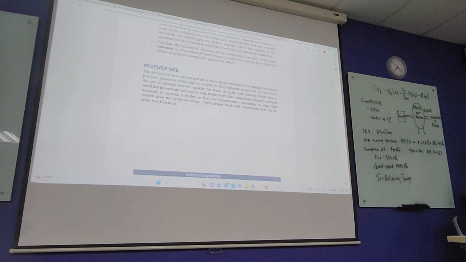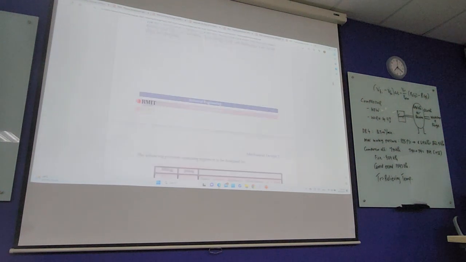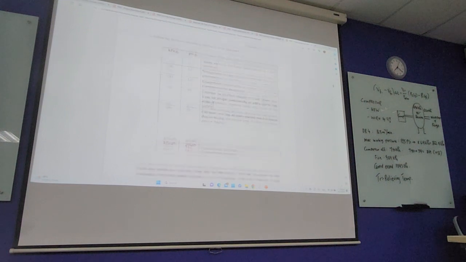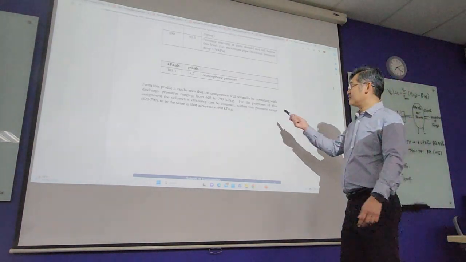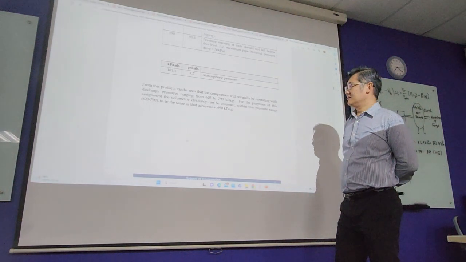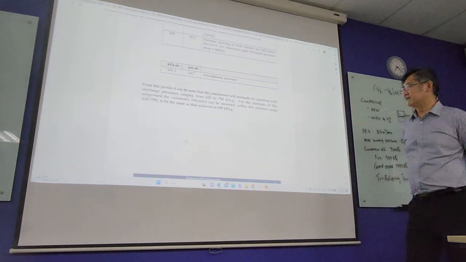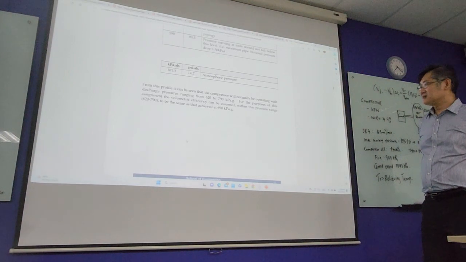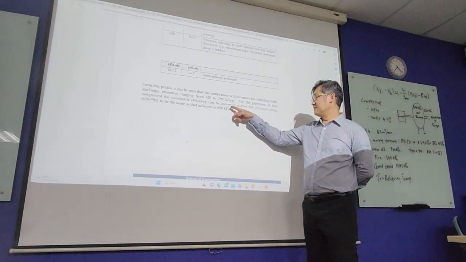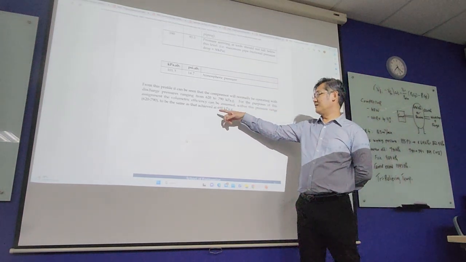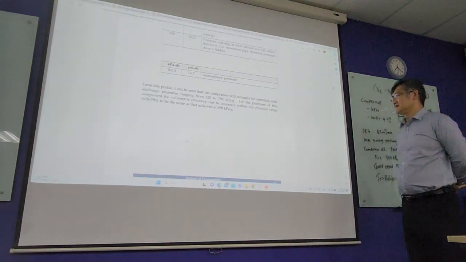The question is, air receiver, compressor. So this is a statement here: from this profile, it can be seen the compressor normally operates with the sub pressure ranging from 620 to 700. So for the purpose of the assignment, the volumetric efficiency can be assumed within this pressure range to be the same as the achieved 690 kPa.